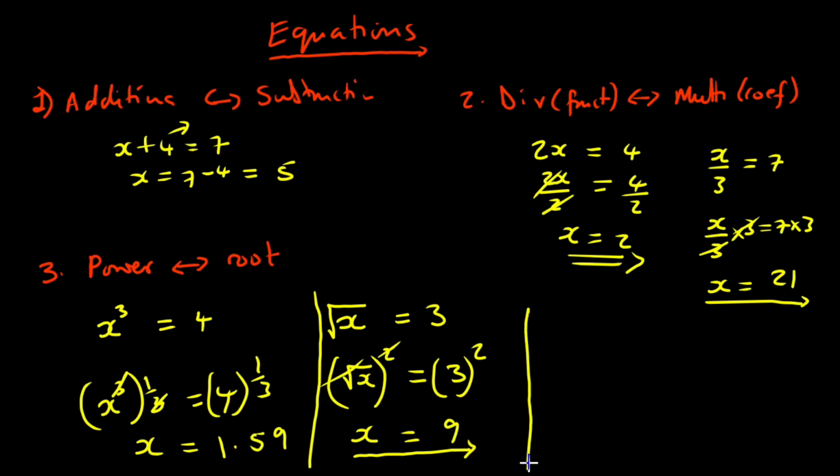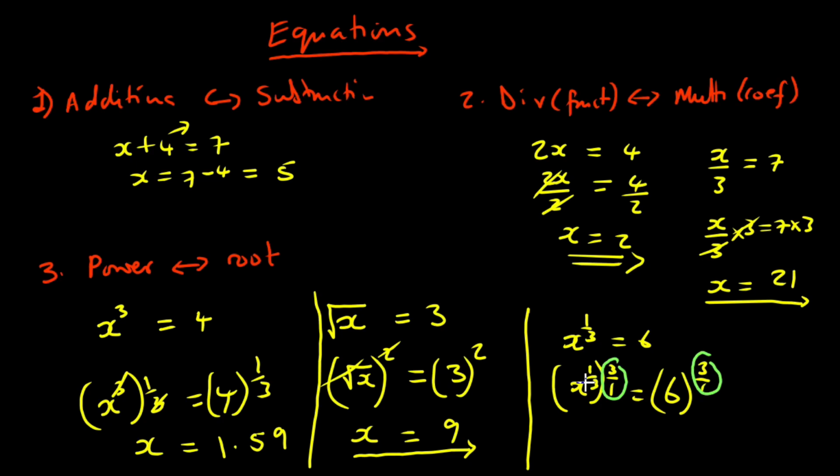Okay, let me just put a little emphasis on this one. If I may be given something like x to the power 1 over 3 is equals to 6. The best way is just to think about the reciprocal of 1 over 3. That's 3 over 1, so x is equals to 6 to the power 3 over 1. What you do to the left-hand side should also be done to the right-hand side.